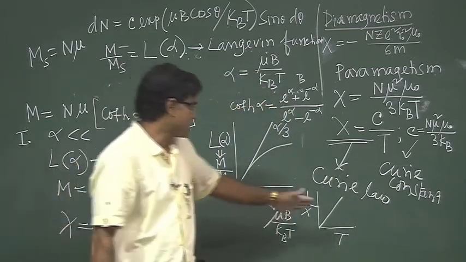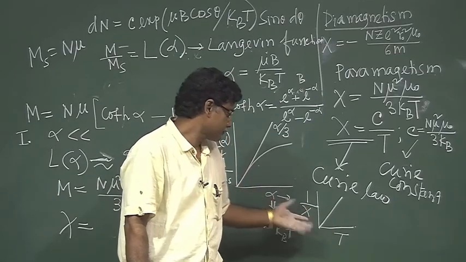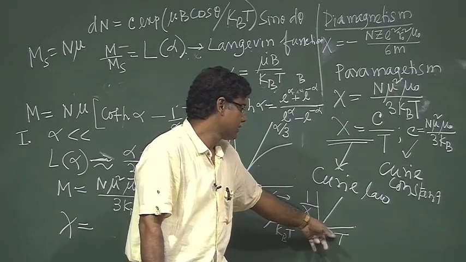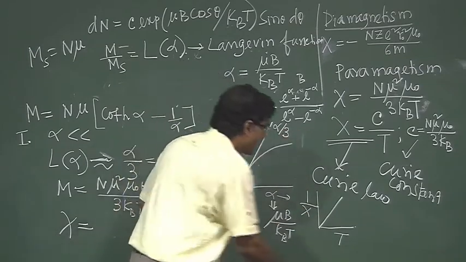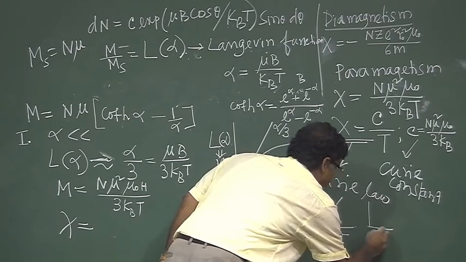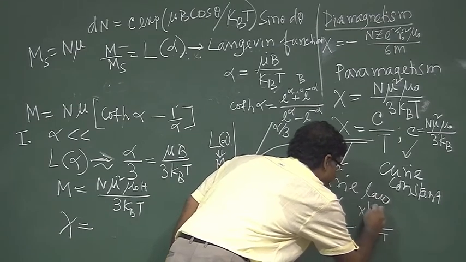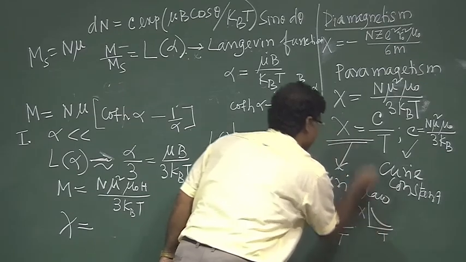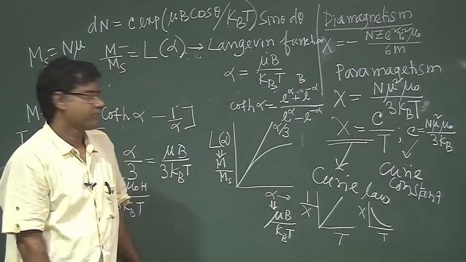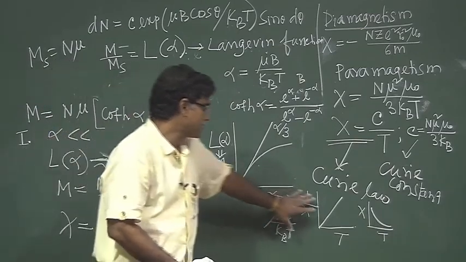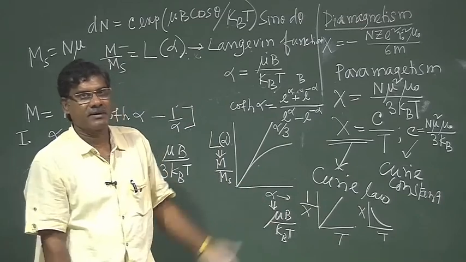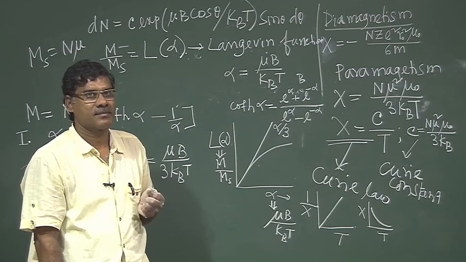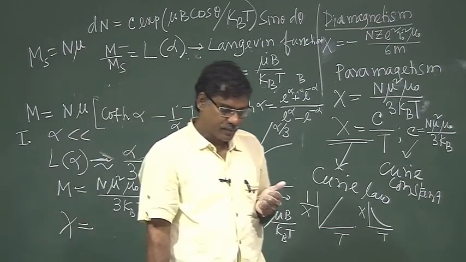This is the variation of the inverse of chi with temperature in case of a paramagnetic material. If you plot chi versus T, it is like a hyperbola, and the variation will be like this. If you get this type of susceptibility features, then this metal is paramagnetic.